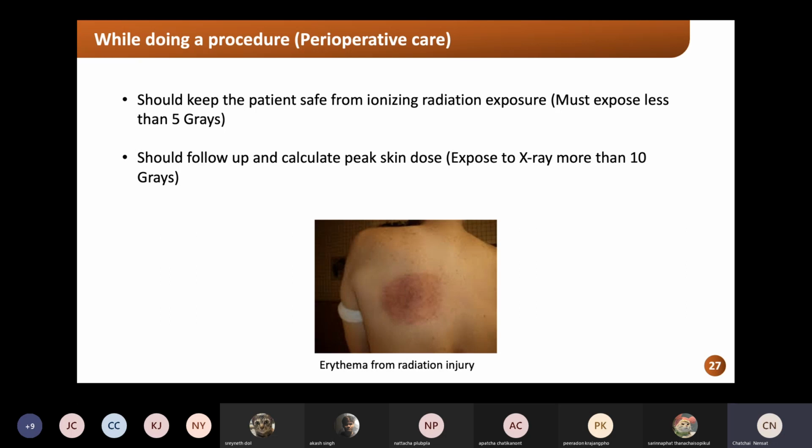So normally the patient must be exposed to radiation of less than 5 grays.